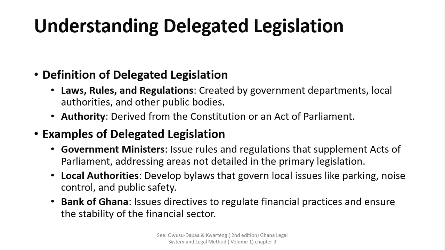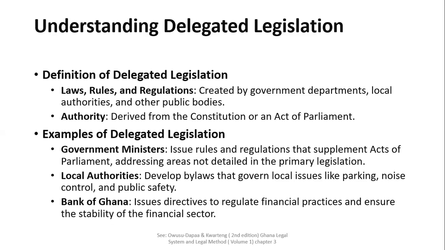But of course, when we say from the Constitution, one will say that all powers are derived from the Constitution. And if that is the case, then even acts of Parliament also fall within this definition. No, that isn't what we mean. We know that when it comes to primary legislation, the Constitution has vested authority in Parliament, and Parliament passes bills into acts of Parliament. We discussed that in part 2 of sources of law, which we've also uploaded on the Ghana Law TV.